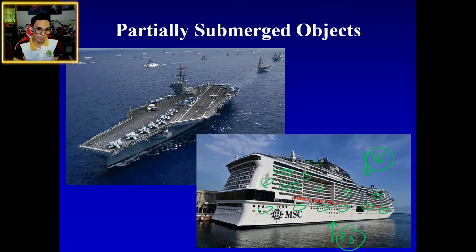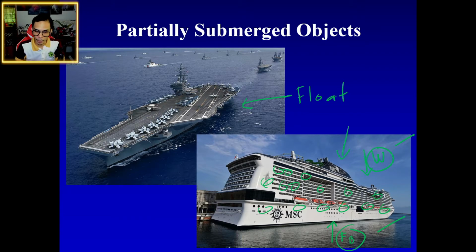That is why even though it is a massive aircraft carrier or a massive cruise liner that you have right here, as long as the weight and the buoyant force are equal, the ship will continue to float, unless there is a breach in the hull. If there is a breach in the hull of the ship and the water gets inside, these air pockets will suddenly disappear.